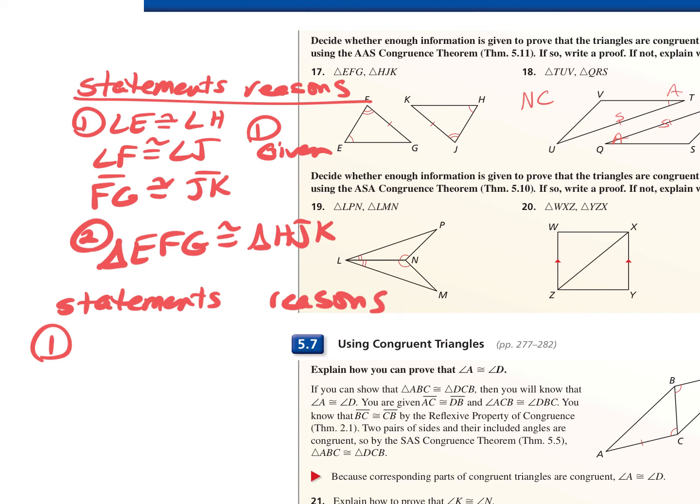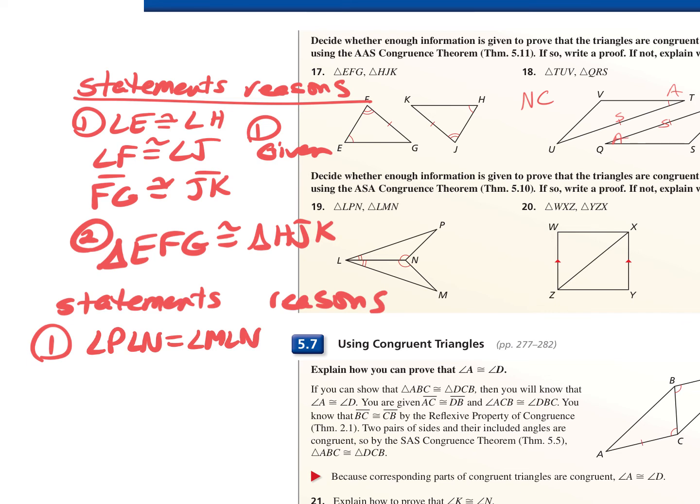So I'm going to name these 2 first. So this will be PLN, and then this one will be MLN. So let me go ahead and put that into the proof. So angle PLN is congruent to angle MLN.